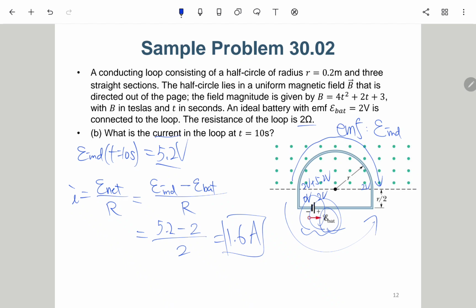Or I should say, it is something like this: there is 0 volt, and then there is an EMF going lower and lower, all the way up to here, and then there is 2 volt inside it, and it leads to a current going clockwise.